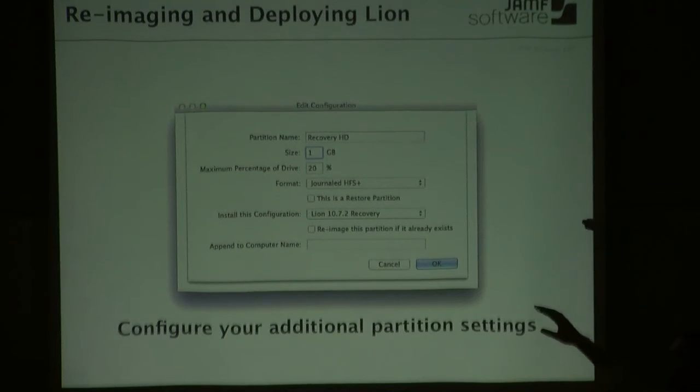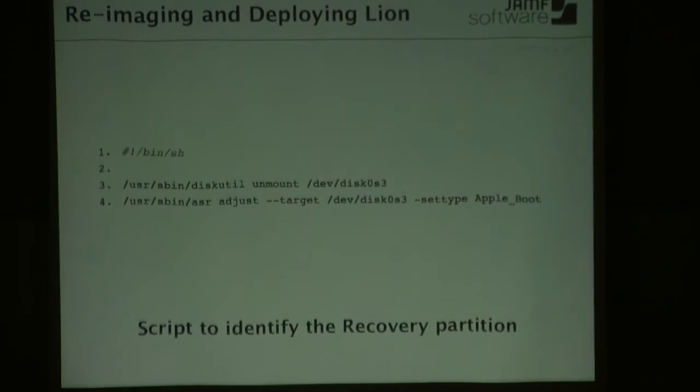The recovery partition size needs to be at least 1 gig. So we would select 1 gig there, or say 20% of the drive. Select our recovery partition for deployment, and that's going to be additional to the main configuration task. So we'll go in and put that in.